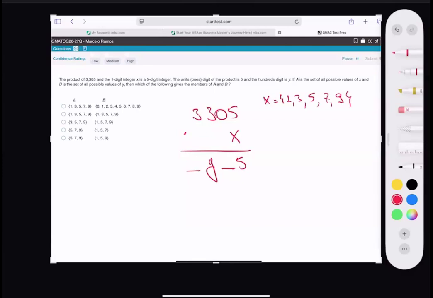So y: if x is 1, 1 times 5 is 5, 1 times 0 is 0, 1 times 3 is 3. If it's 3, 3 times 3 is 9.